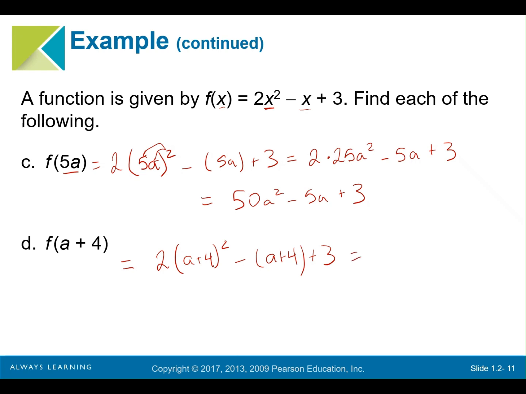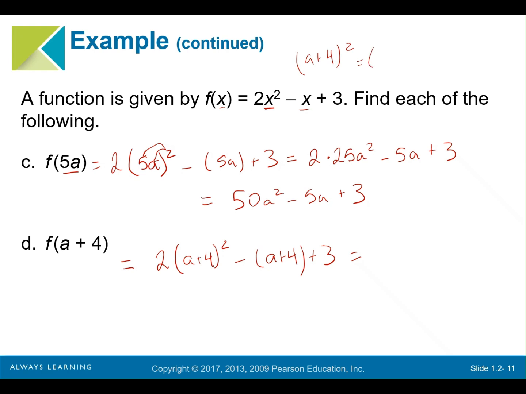Okay, well, here's a quick reminder. We got to FOIL this guy out. We're going to jump to the top to do that. A plus 4 squared. Now, the way I distributed the square in part C cannot be done here in part D. I can't just distribute the 2, as nice as that would be, because we're stuck with this addition sign in the middle.